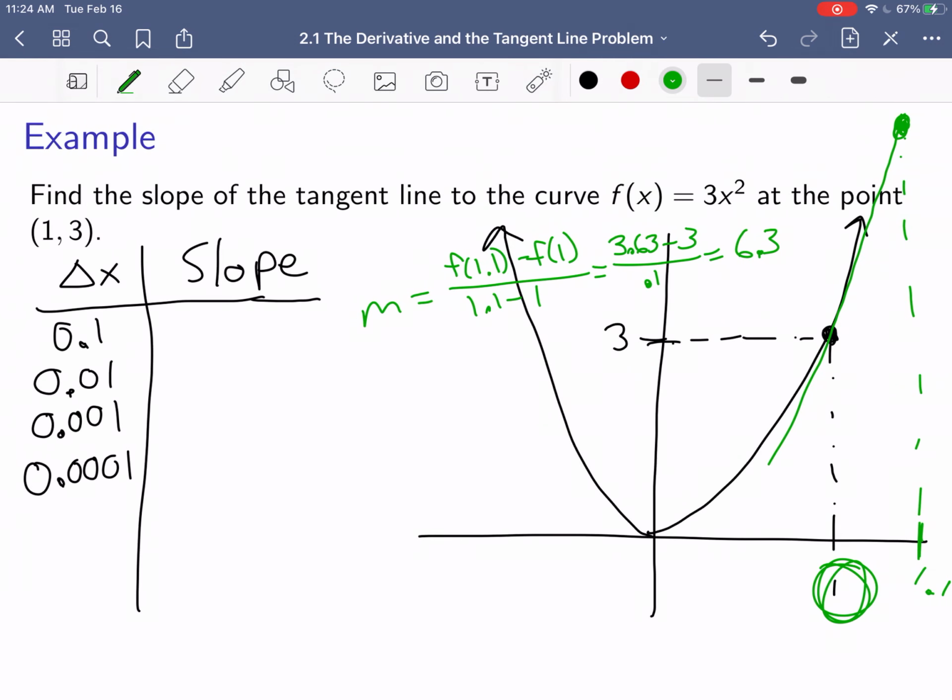So that is the slope if we are a delta x equals 0.1 away from 1. So 6.3 is our slope there. All right. That's the slope between 1, 3 and 1.1, comma 6.3.